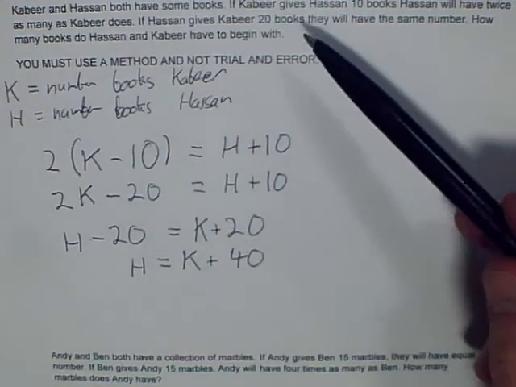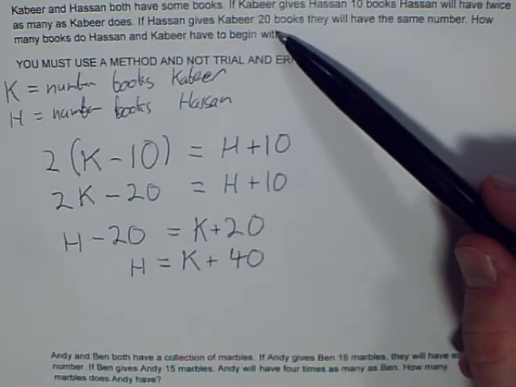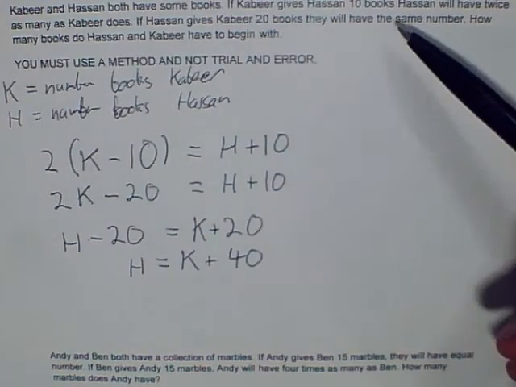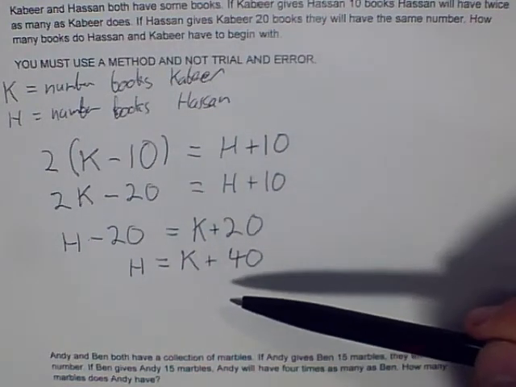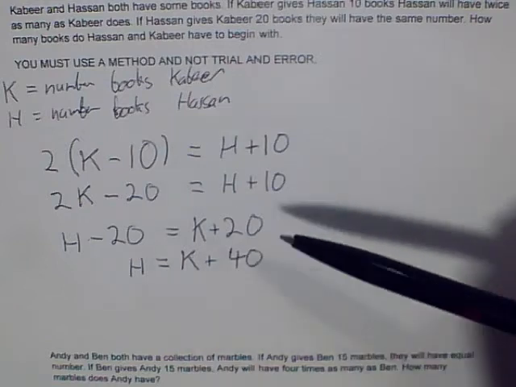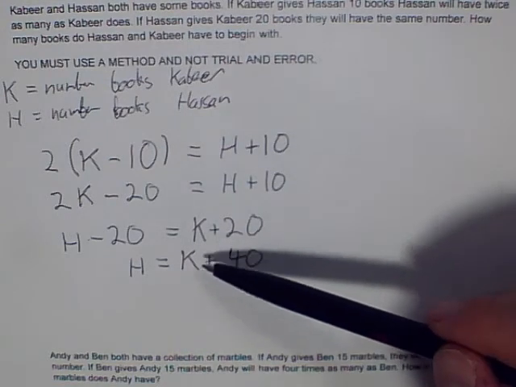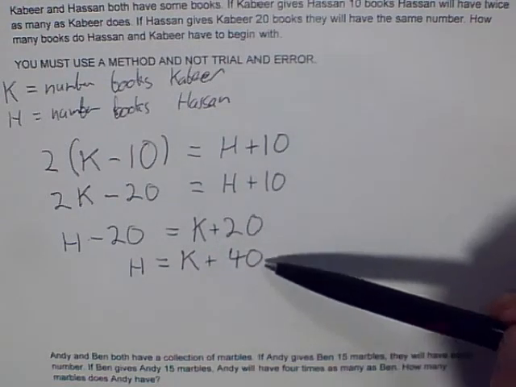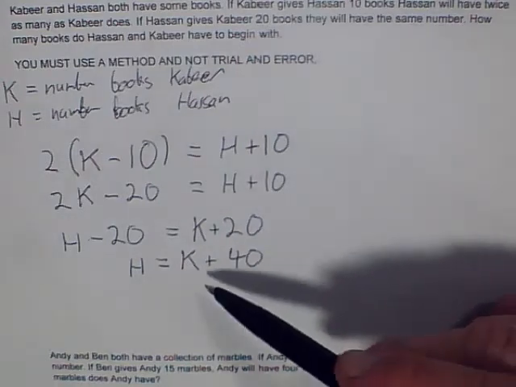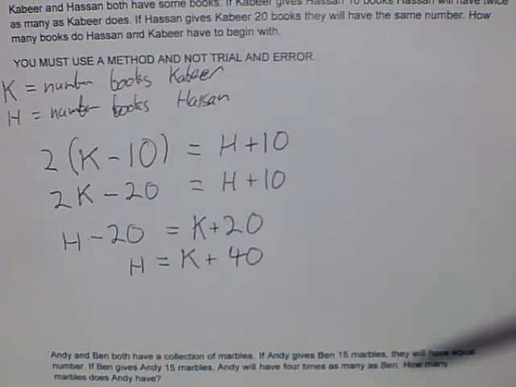And that makes sense, because if Hassan gave Kabir 20 books and they have the same number, then Hassan must have had 40 more to begin with. So that's fine, and I can now substitute in.